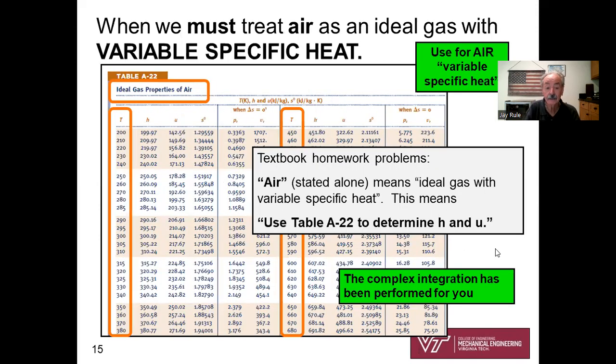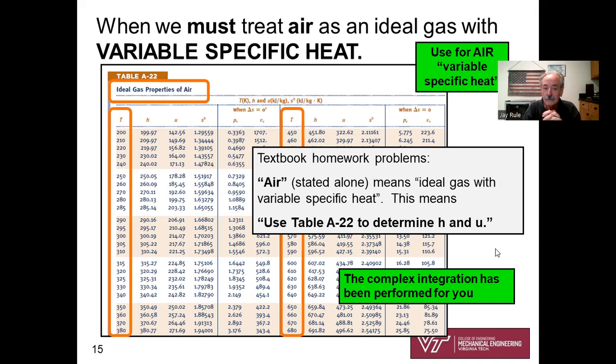Next slide. Now we're looking at air only. There are other ideal gases, carbon dioxide, carbon monoxide, but let's look at air only. When we must treat air as an ideal gas, but we have a huge temperature difference, we've got to use variable specific heat.